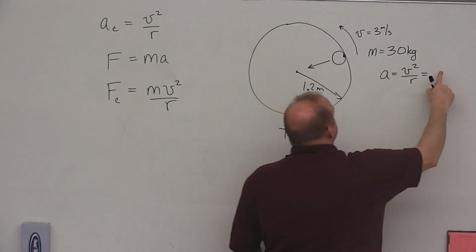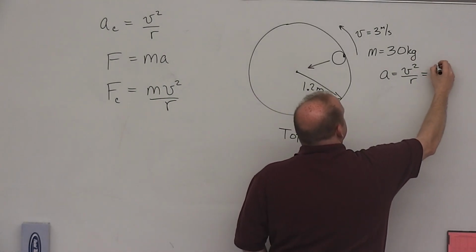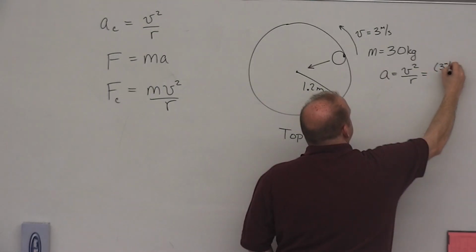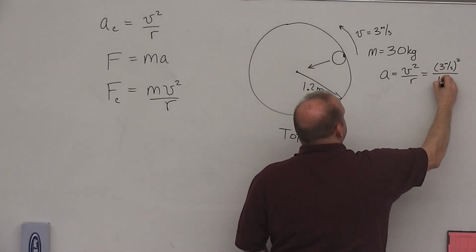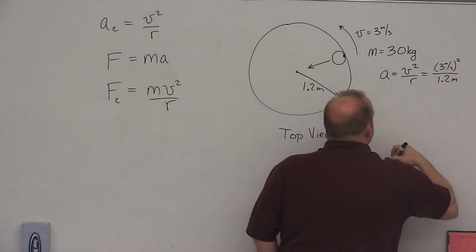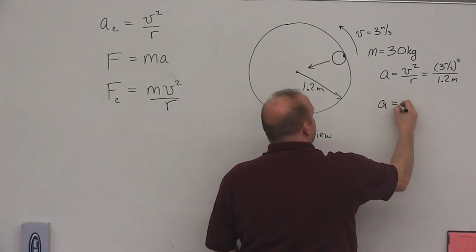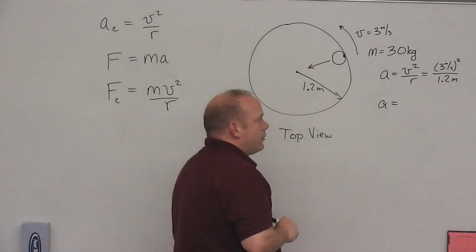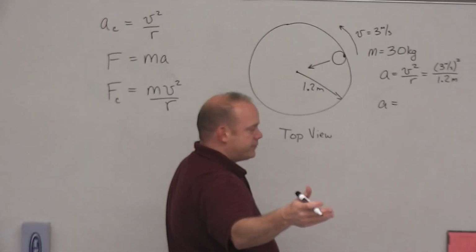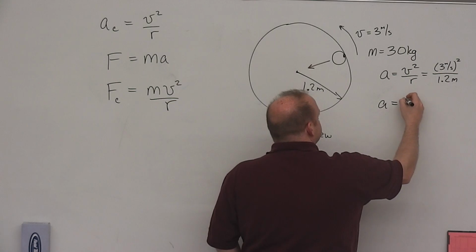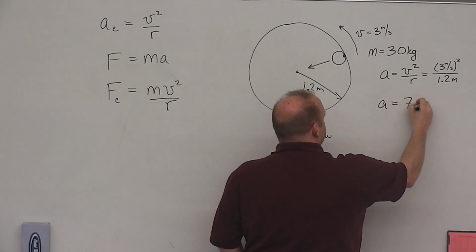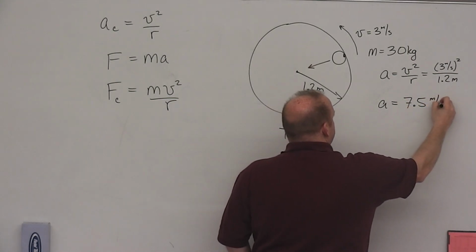The acceleration is equal to 3 meters per second, squared, divided by the radius, which is 1.2 meters. It's 9 divided by 1.2, or like 9 divided by 12, which would be 0.75, times 10. You get 7.5 meters per second squared.